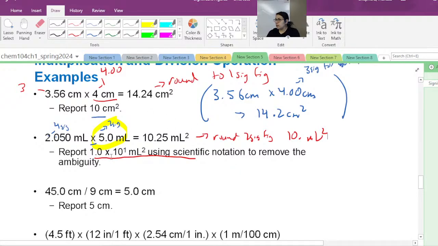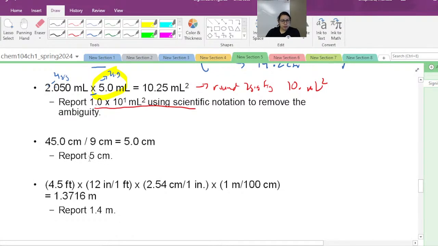Does that make sense for this example? 10 to the 1, yeah. So 1.0 times 10 to the 1 milliliters squared would be that answer.